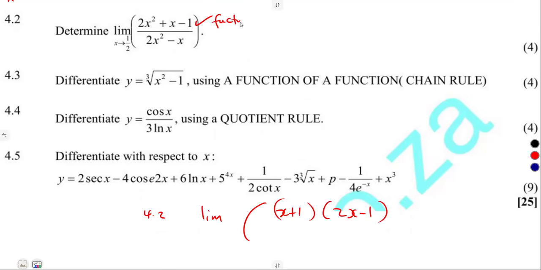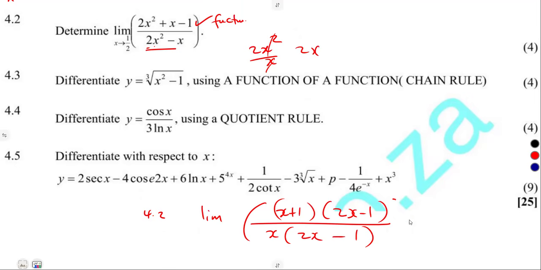By factorizing the denominator, x is common, so it's going to be 2x squared over x, which is 2x. So that's 2x minus 1, and x and x are going to cancel. These two brackets are the same, so they're going to simply cancel as x approaches 1 over 2.